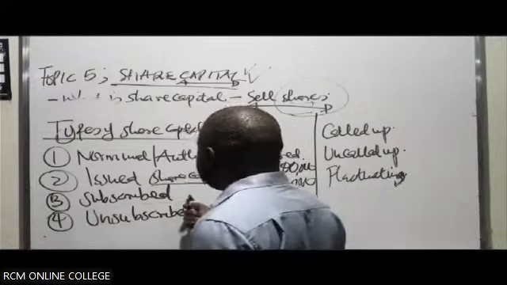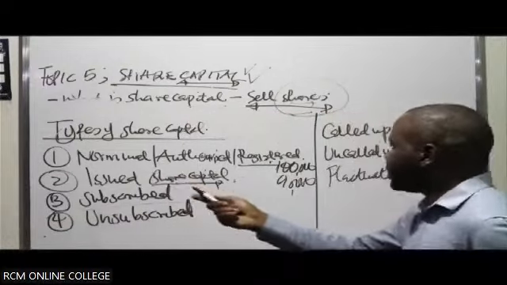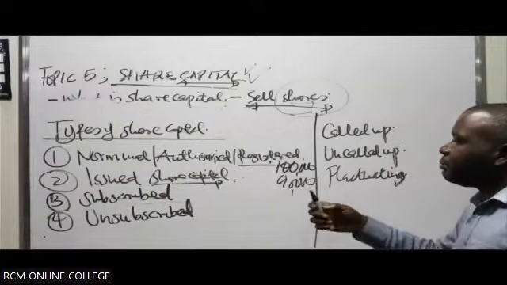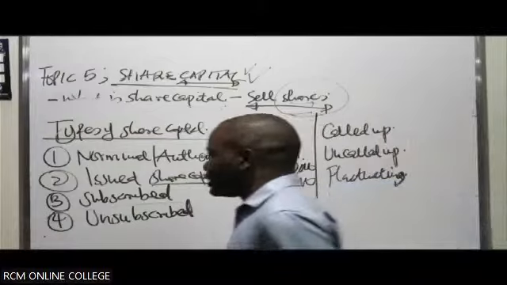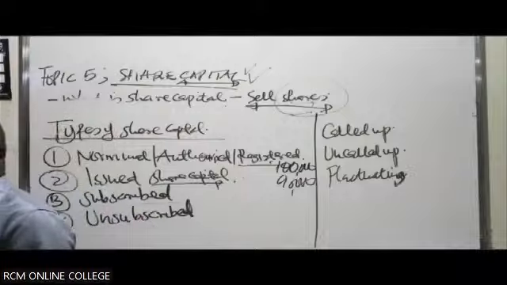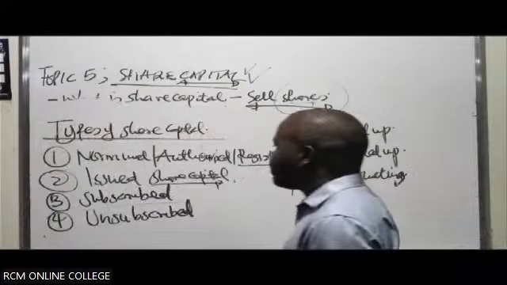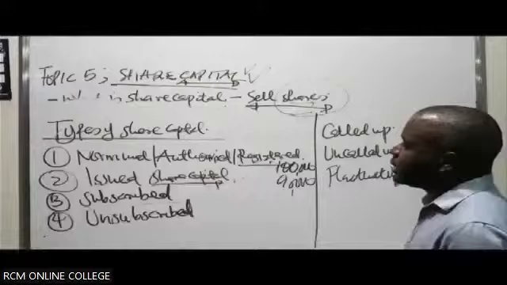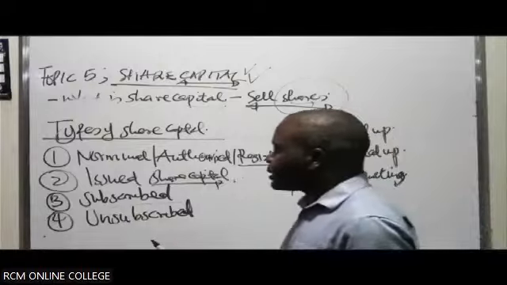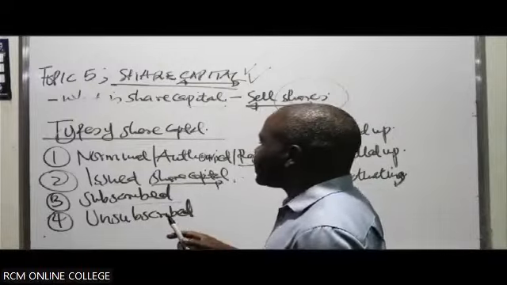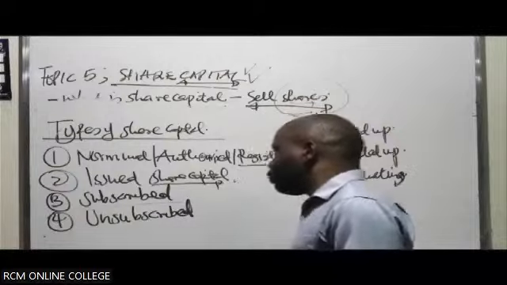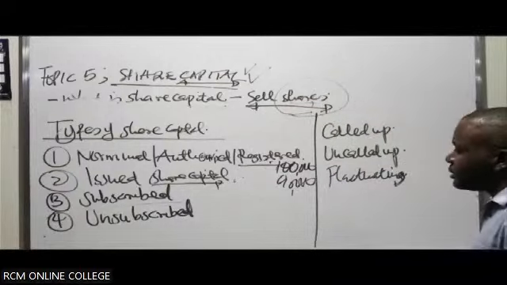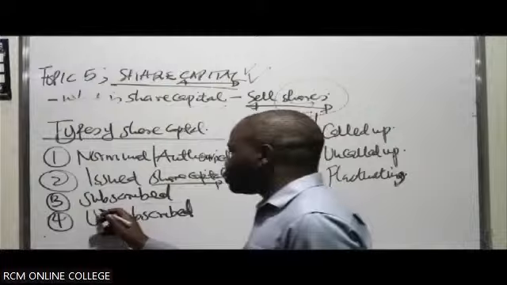Then subscribed. Once the company has issued the shares, maybe 90,000, there will be applications for allotment. People will apply for allotment. The part of the share capital which has been subscribed for is what we refer to as the subscribed share capital.